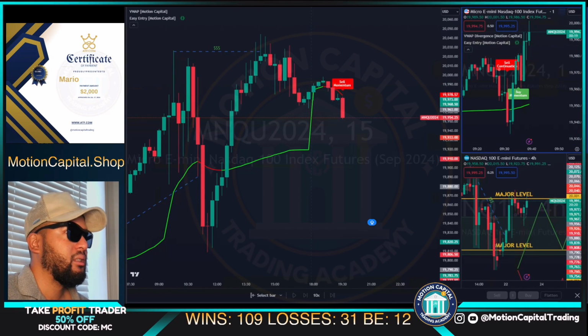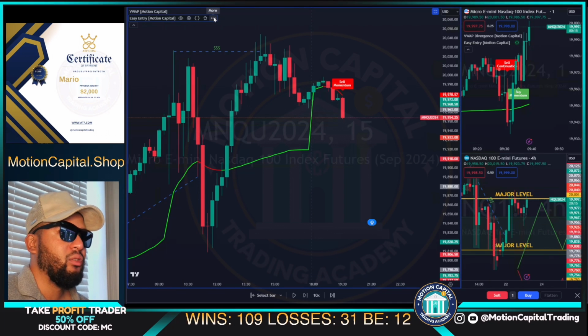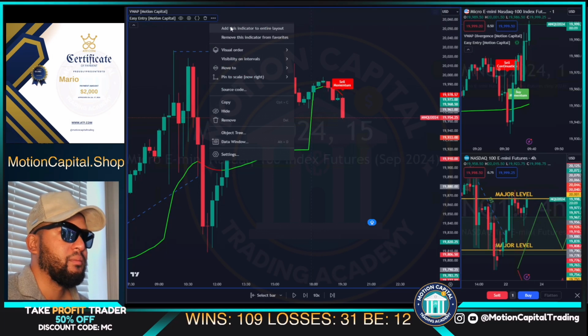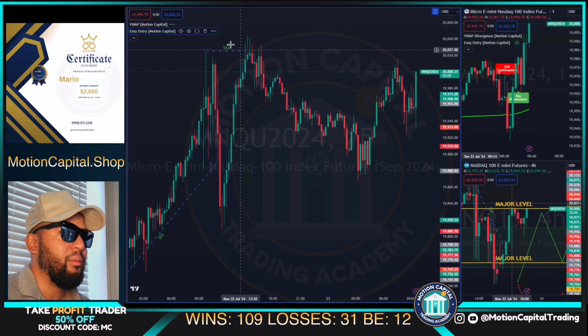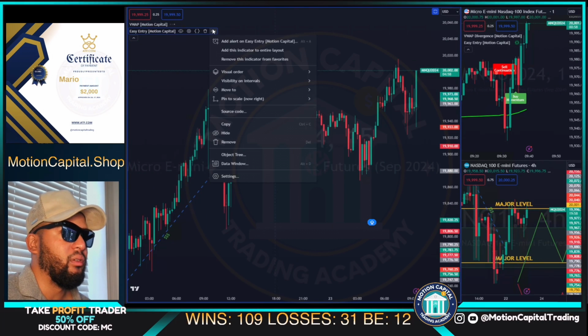The way that you set your alerts for the 15-minute time frame, you highlight the easy entry trading system, and you press the 3 dots. It says more, and you click add. Basically, you have to be on current price. Actually, you can't be on replay mode. I was just gonna go over last night's trade.